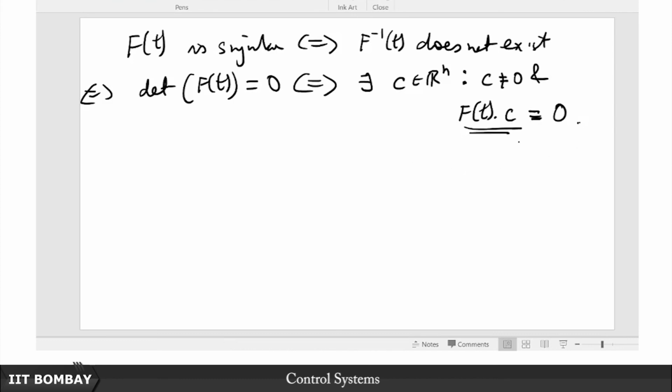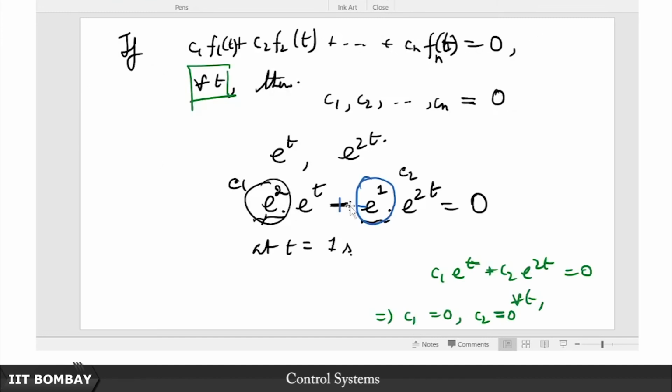Okay, so now having seen this much, what can I further say about this? If F(t) times this C is equal to 0, I have to show that, unlike in the usual case where there is no ODE and I am just talking about two functions.